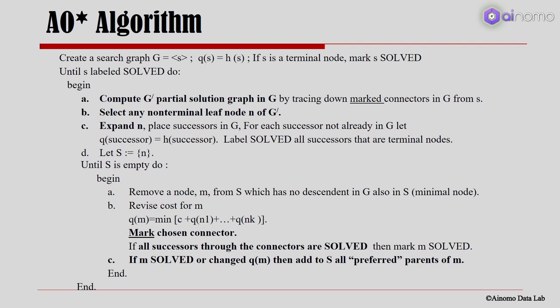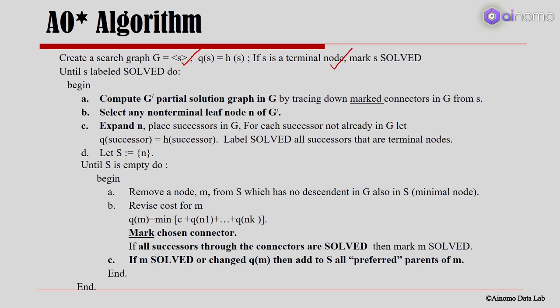One thing that I would love to point out here is the following. We first initialize the graph to the start node, and if that is a terminal node, that means it is part of the solution set, then there is nothing to be done. I mark it as solved. If it is not, then I look for a top-down partial solution graph, and then a bottom-up solve labeling exercise.